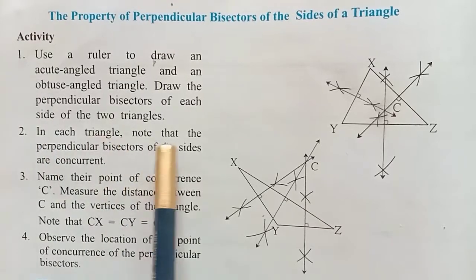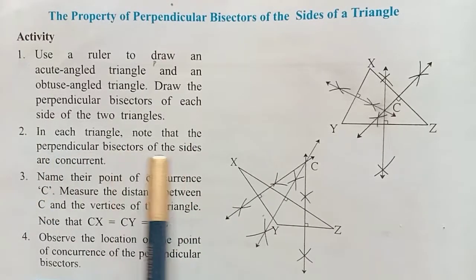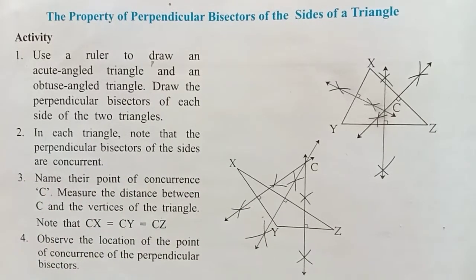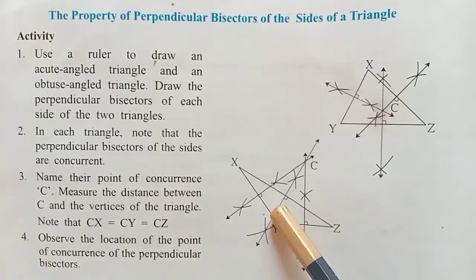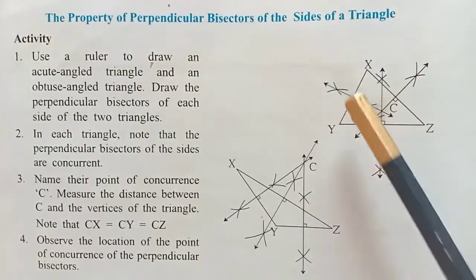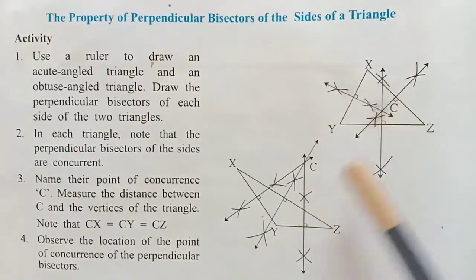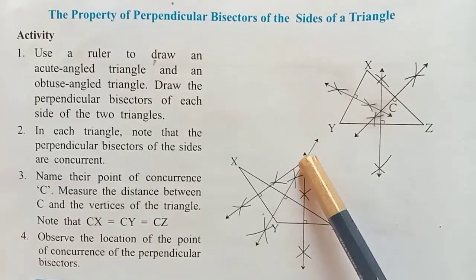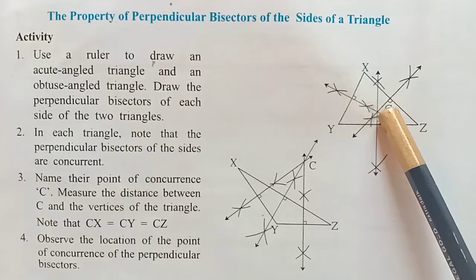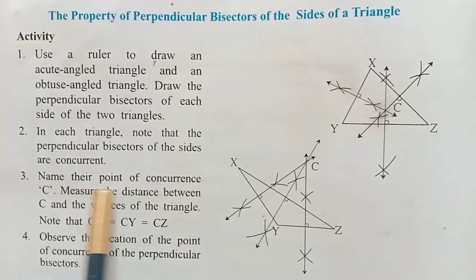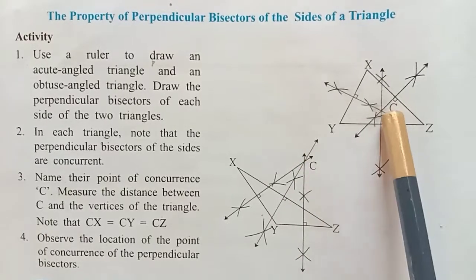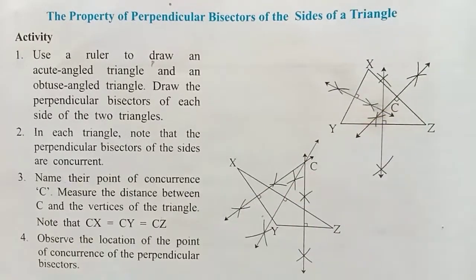Now in each triangle, note that the perpendicular bisectors of the sides are concurrent, meaning they pass through one point. Name their point of concurrence C.